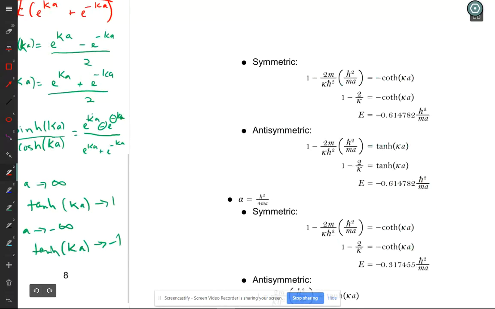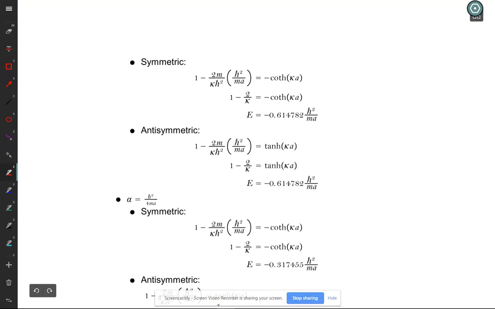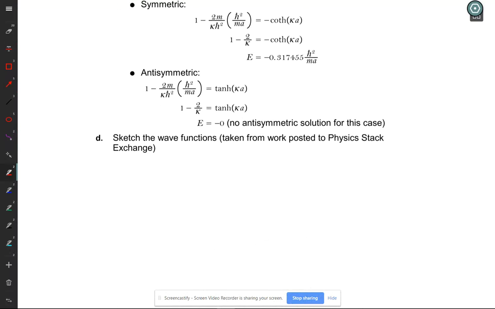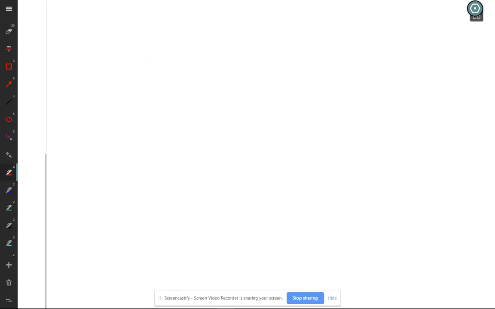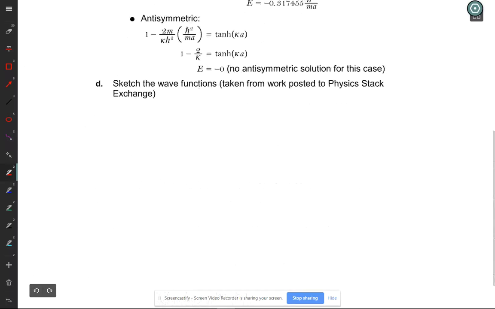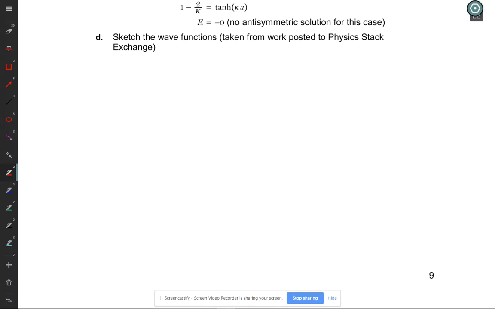So then you actually plug in that alpha and get what the solution is, and sketch the wave functions. Hopefully it's on the next page. Well, that's good. I had posted a graph here that somehow didn't come through. Anyway, that's going through very quickly how to do it.